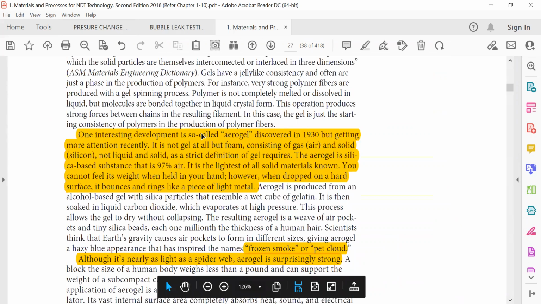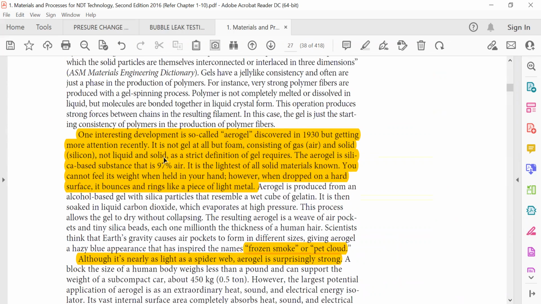One interesting development is the so-called aerogel, discovered in 1930 but getting more attention recently. It is not a gel but a foam, consisting of gas and solid silica, not liquid and solid as a strict definition of gel requires. The aerogel is a stiff, silica-based substance, 97% air. It is the lightest of all known solid materials.